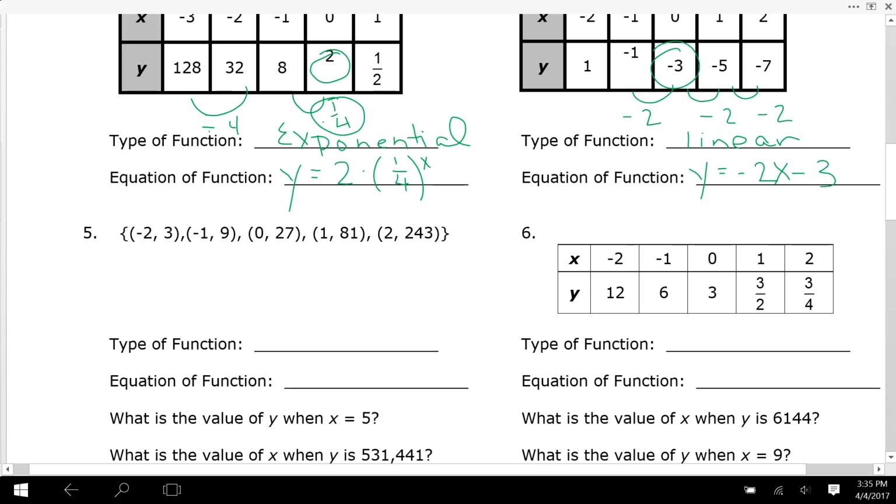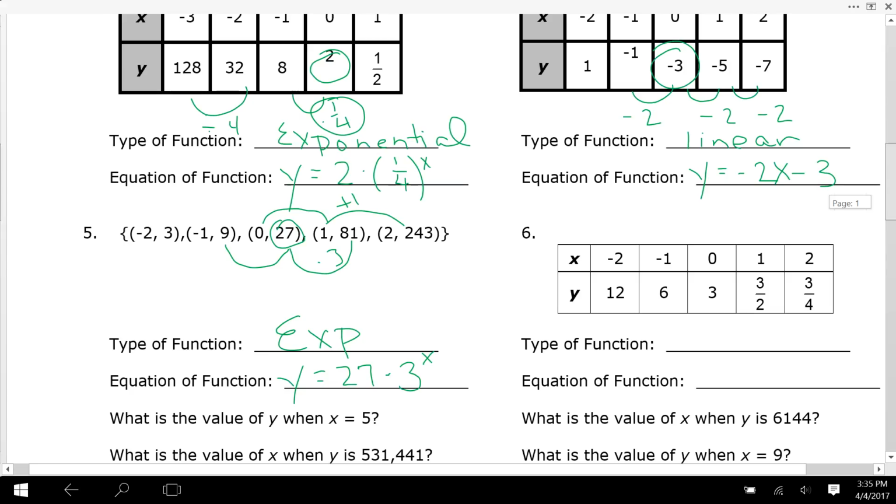Okay, let's do number 5. So my x values are still going up by 1. My y values are going up times 3. And 27 is my a. So it's an exponential. y equals 27 times 3 to the x.